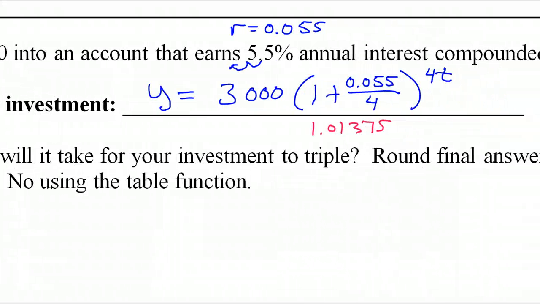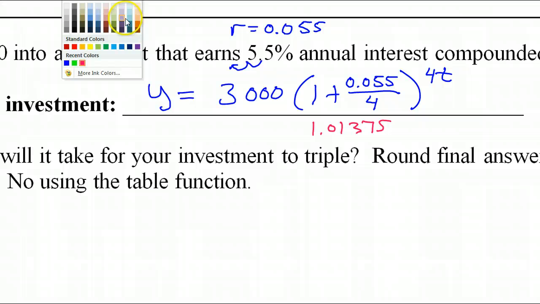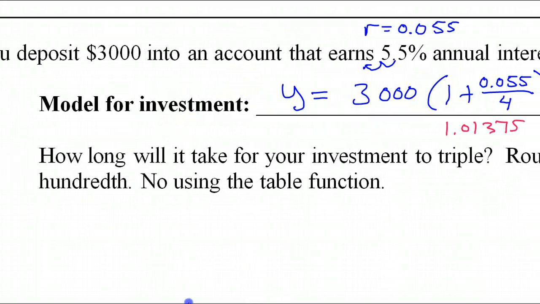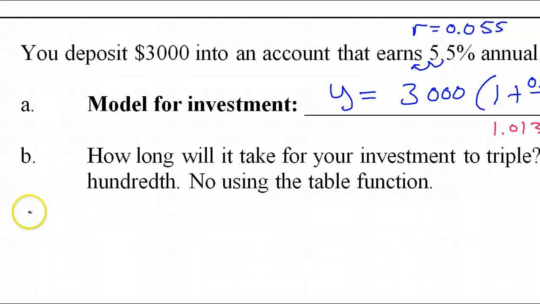So look, if it says we have $3,000 now, if the investment triples, how much money will there be years later? Yeah, it's going to be 9,000. 3 times 3,000. So that's your y value, the amount you'll have years later. So when you go to reset up the formula, you will just do 9,000 equals, and then you type the rest of your model.